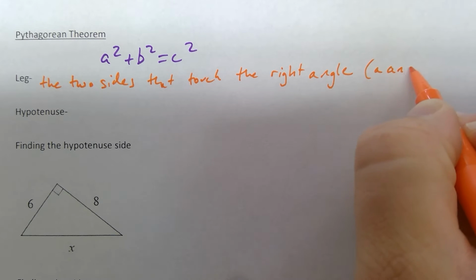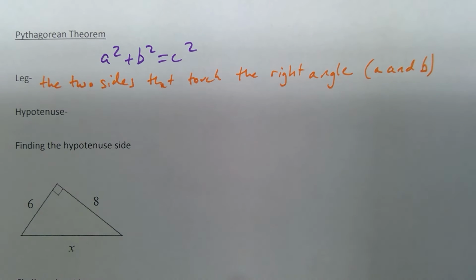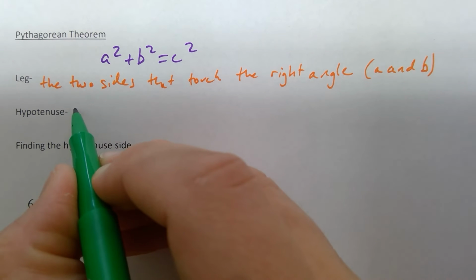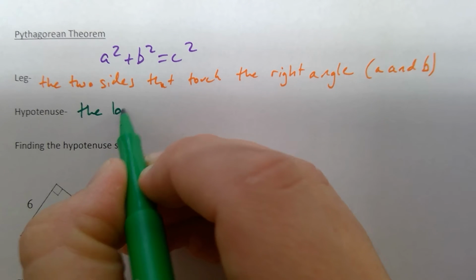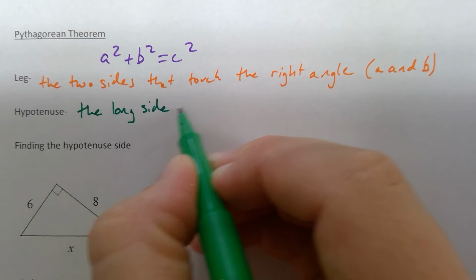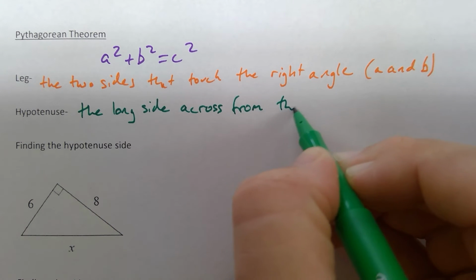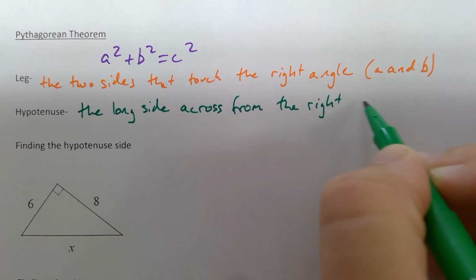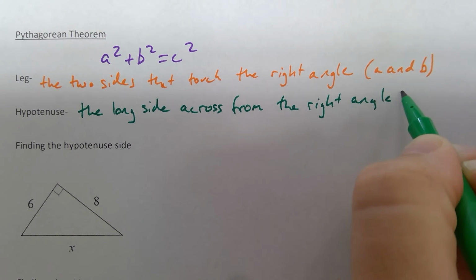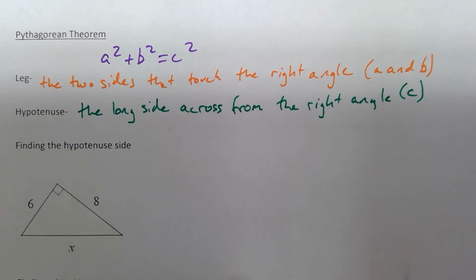That's going to be A and B. And then our hypotenuse is the long side across from the right angle. That's side C.